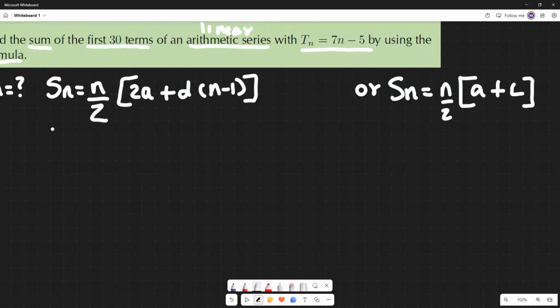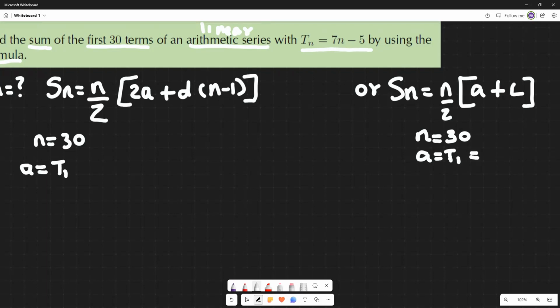Let's start. They say the sum of the first 30 terms. So I'm given that n, the number of terms that I'm adding, is 30. So my n will be 30 for both of them, right? Now I need to find the first term. Remember, a is the first term, which is T1. So a is the first term on both sides.